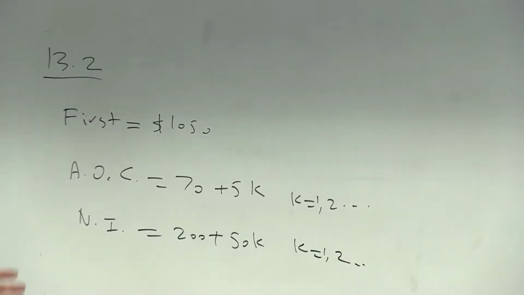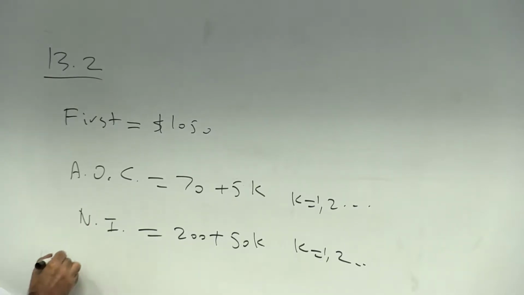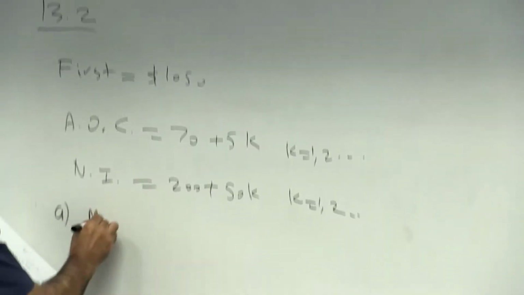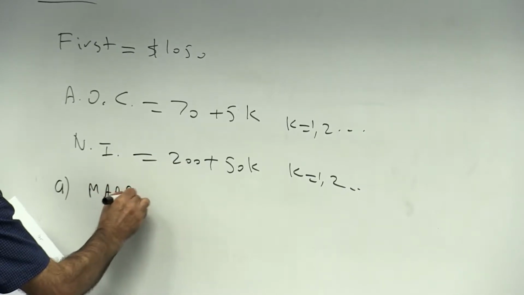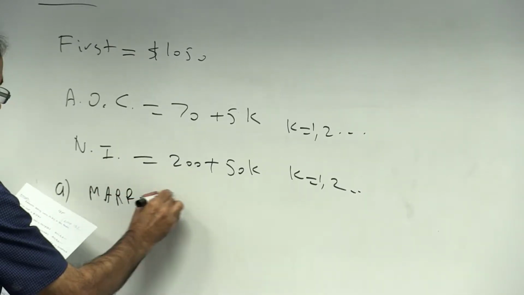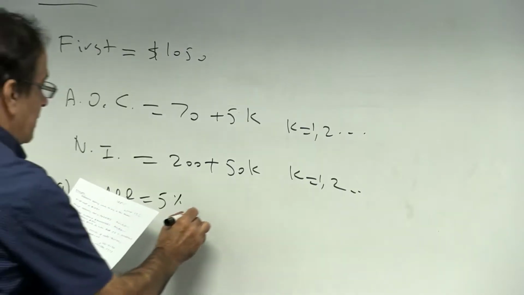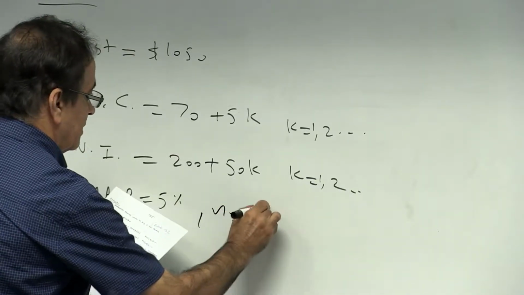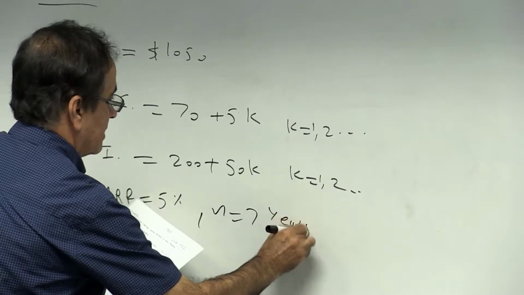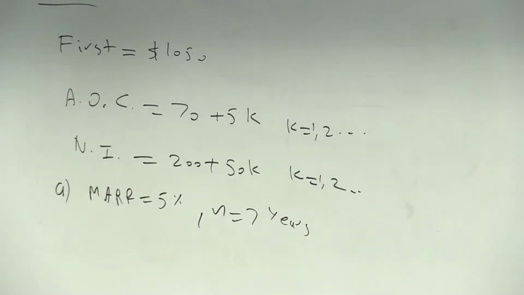Now, they ask you a couple of questions. Part A, they're asking you if the minimum attractive rate of return is 5%, also the useful life of the equipment is 7 years, is this an acceptable project? There's one more piece of information.